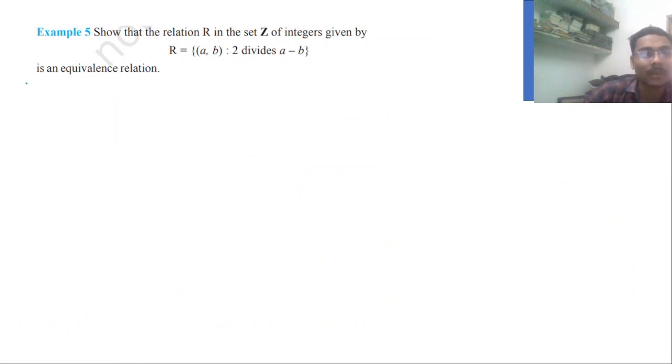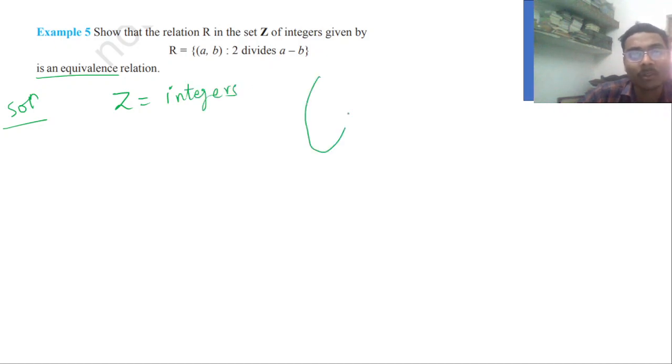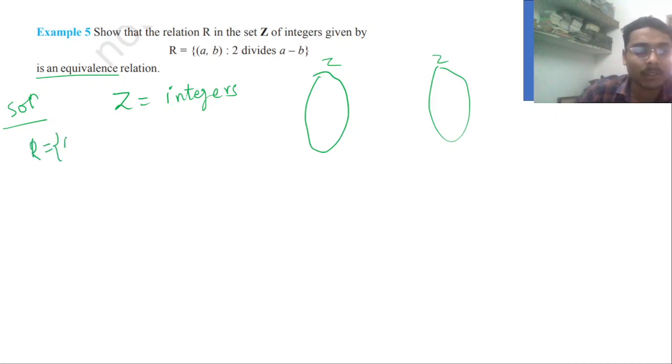Coming to example number 5. In example number 5, we are given Z, which is the integer set. So we will consider the first Z set here and the second Z set here. On Z we will have to define a relation. And what does the relation statement say? The relation statement says that I will have elements in pairs (a, b) such that 2 divides a minus b.